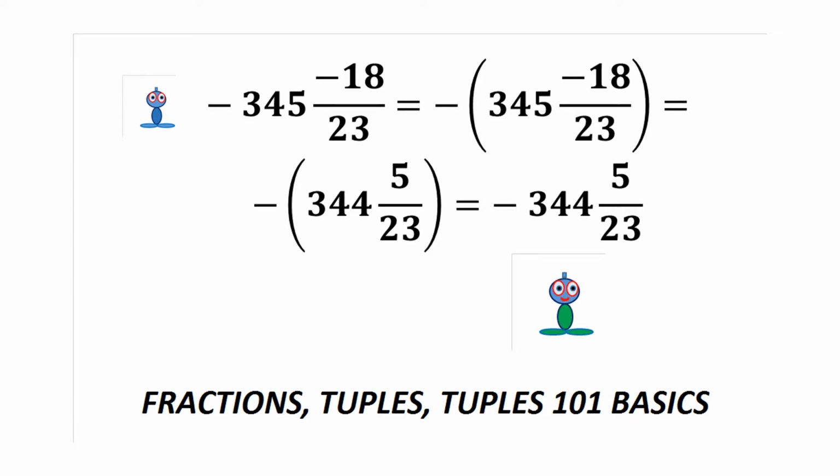We use the method. We drop the 345 by 1 unit. It goes down to 344. The denominator is still 23. The numerator is 23 plus a negative 18 is 5. And so our final answer is negative the whole mixed number 344 and 5 over 23.